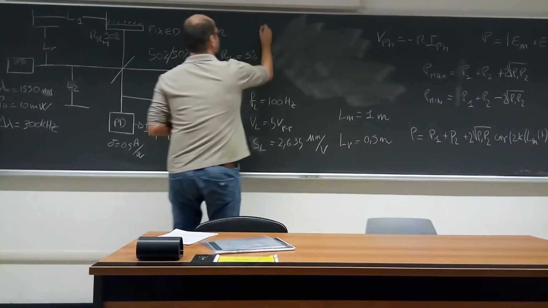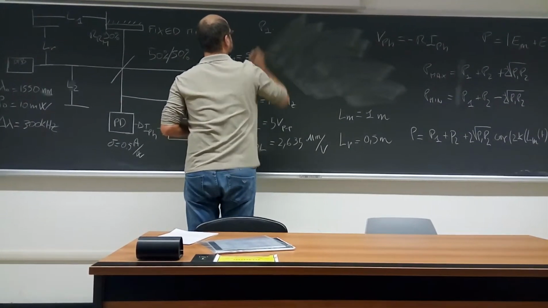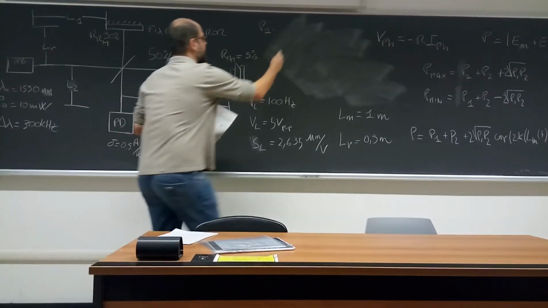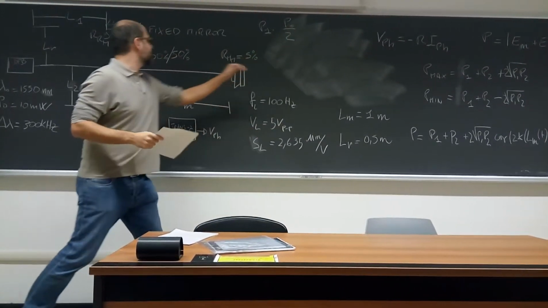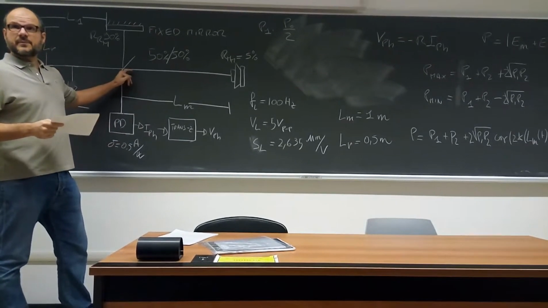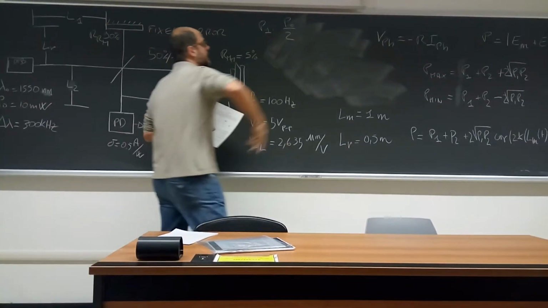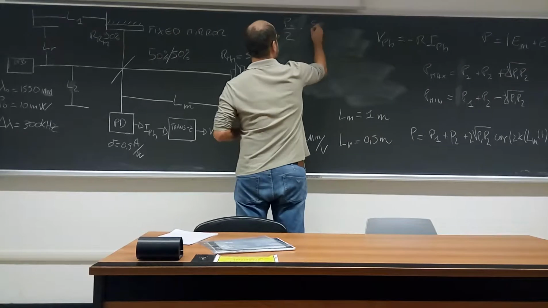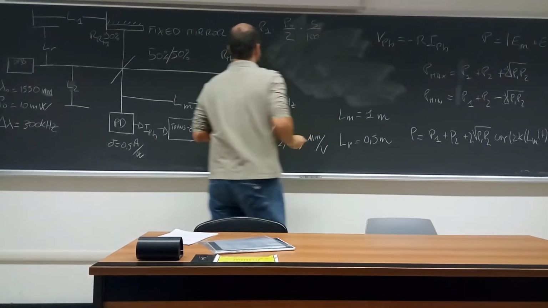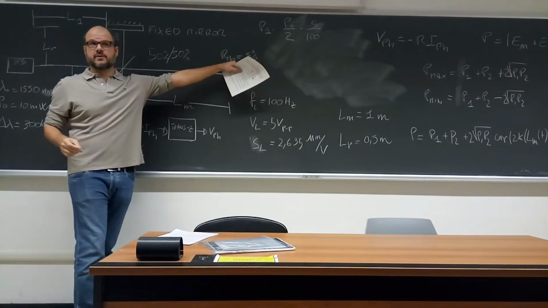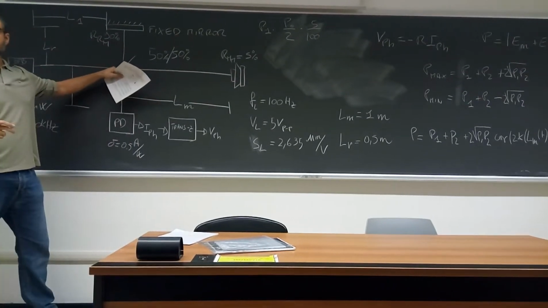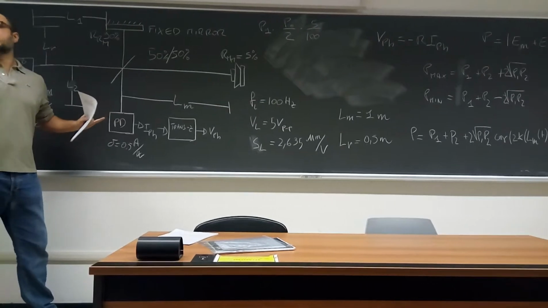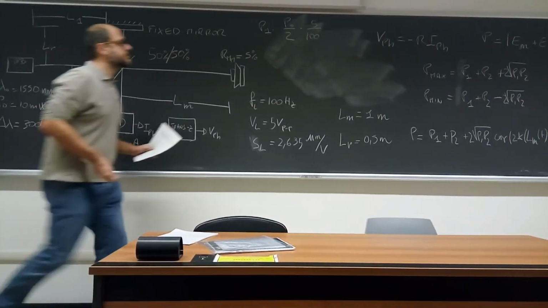So, P1. I have got P0 over 2. This value is what is transmitted by the beam splitter. Then I have to multiply by 5 over 100 because of this low value of reflectivity. Then I'm coming back toward the beam splitter, and then I have reflection of, again, half of the power.